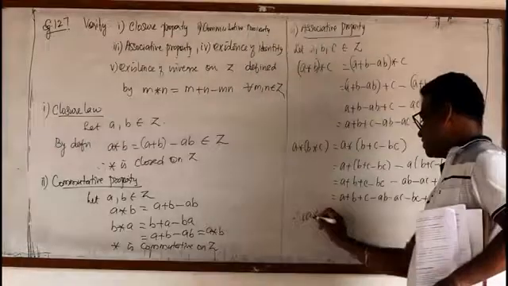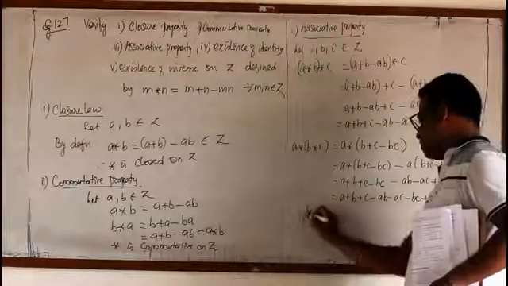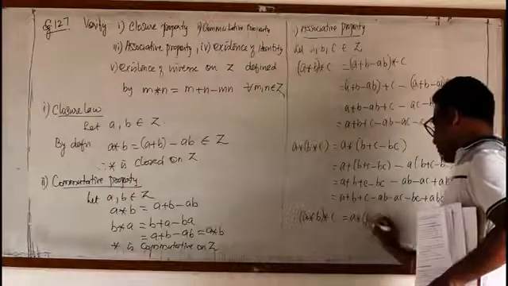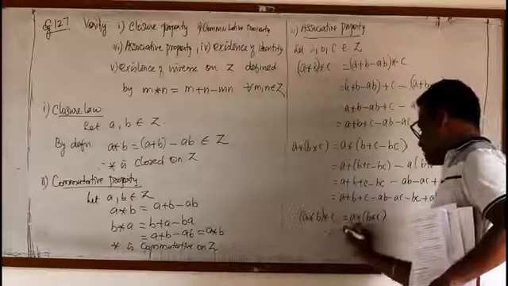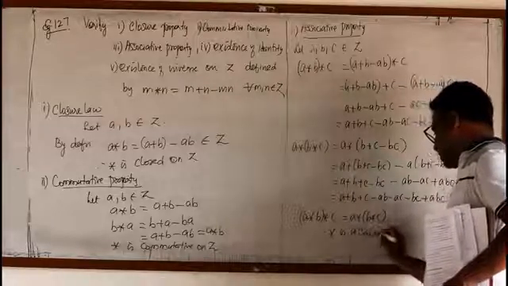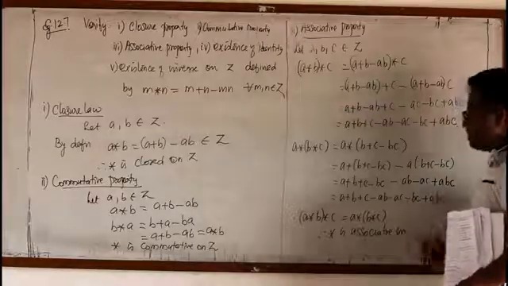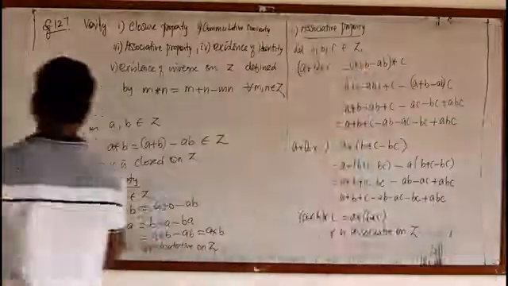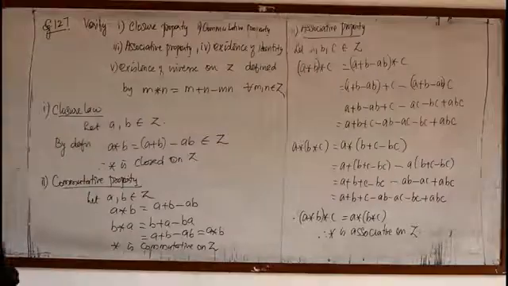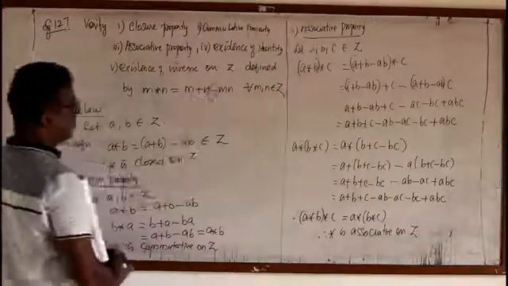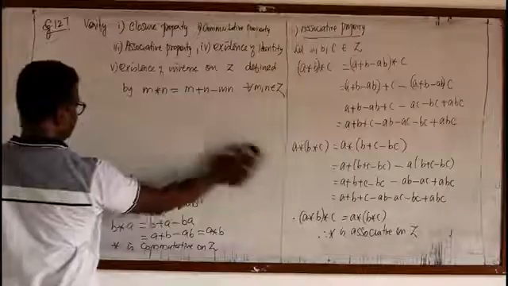Therefore, A star B star C equals A star B star C. Therefore, star is associative on Z. Therefore, from this we came to understand that it is obeying closure law, commutative law, and also the associative property.